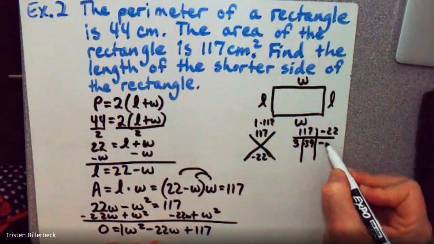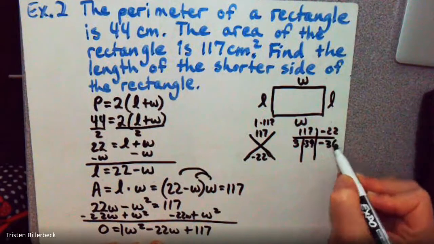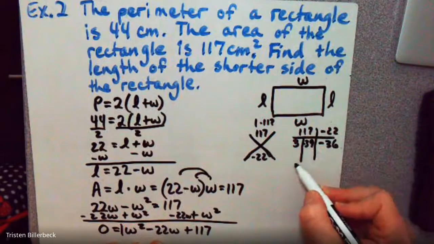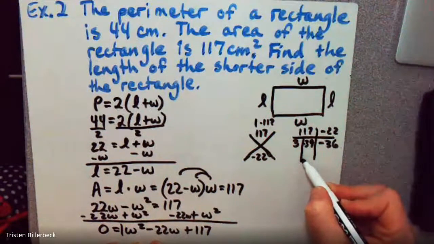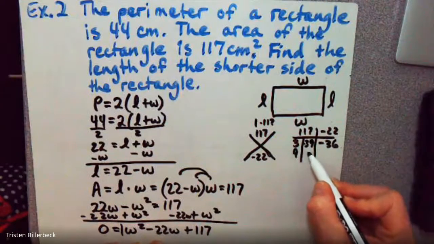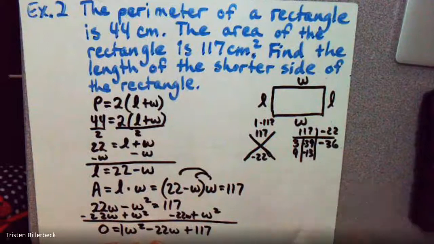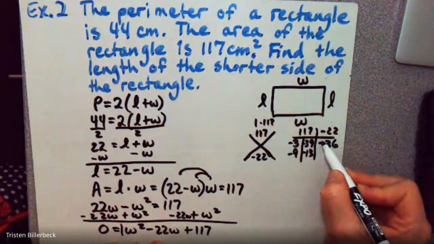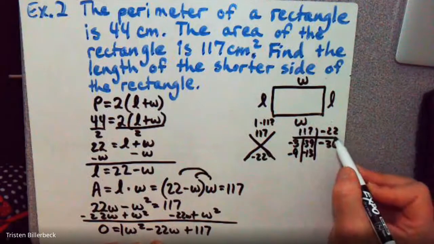That gives us negative 36, so that's a little big. But we do have 3 times 13 in there, so we can put in 9 times negative 13. It looks like both of them have to be negative, because we have a positive here and a negative here.